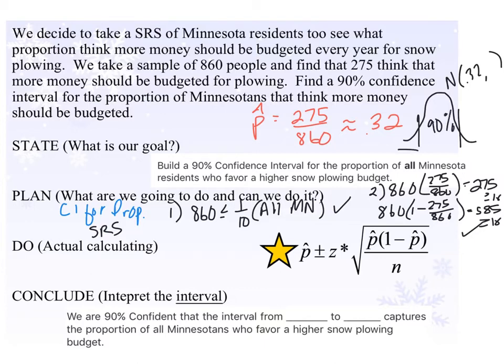So we could use inverse norm to cut off 0.05 here and 0.05 here in those directions, and we could get those values. But honestly, those values are already calculated for us on a table in the AP exam, and I'm going to show you that in just a minute. So we don't necessarily need to use inverse norm to do it. We certainly could.